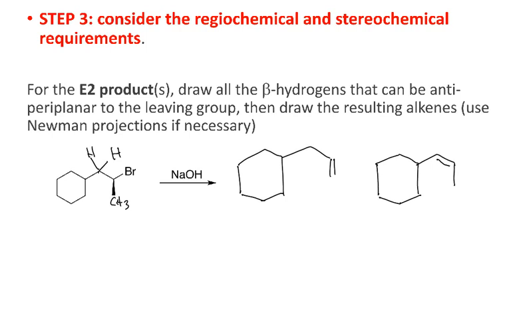In this case, we have the Z configuration, and so the E configuration is also possible. And so I think there are going to be three E2 products of this particular reaction. Let's go on to the next slide, and we'll add in the SN2 product and determine which of the different products is our major product.